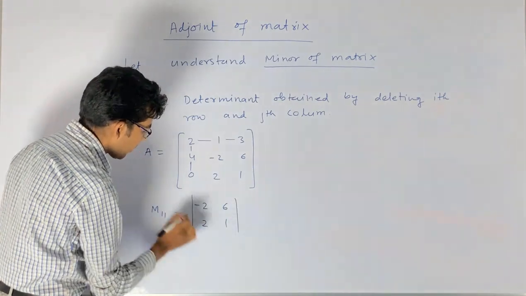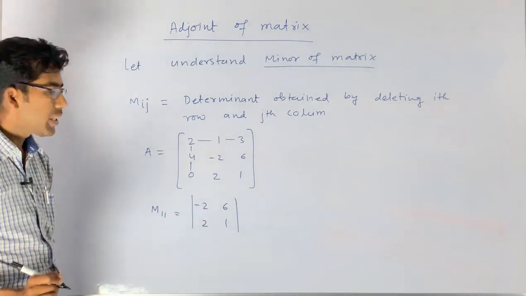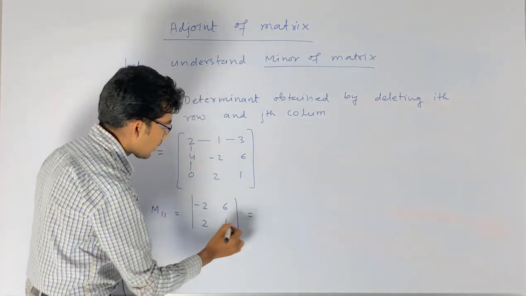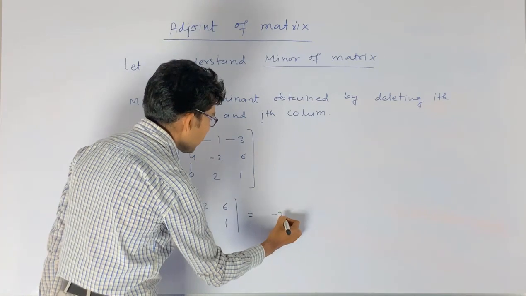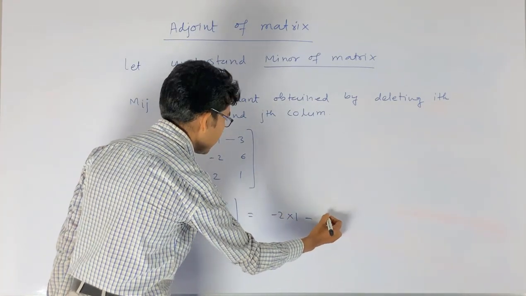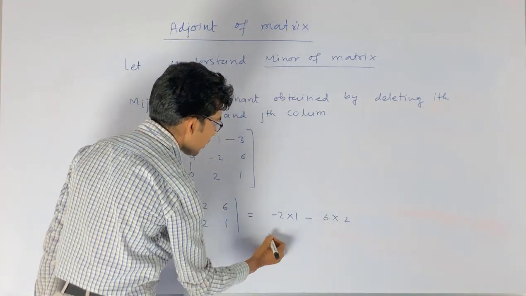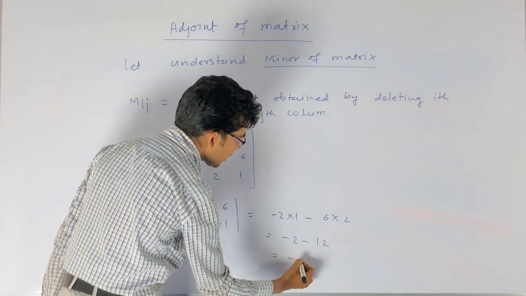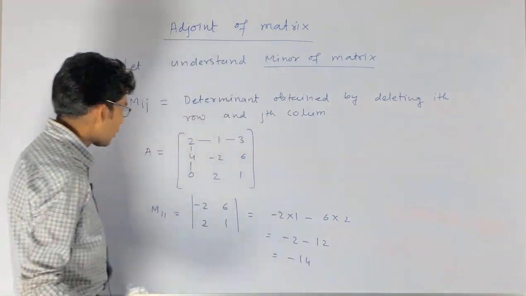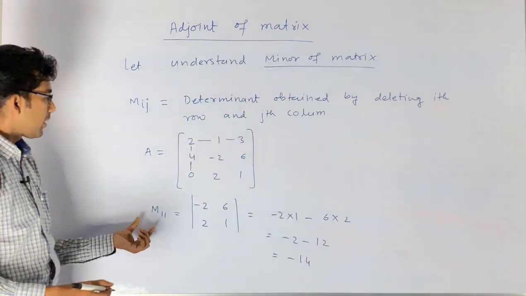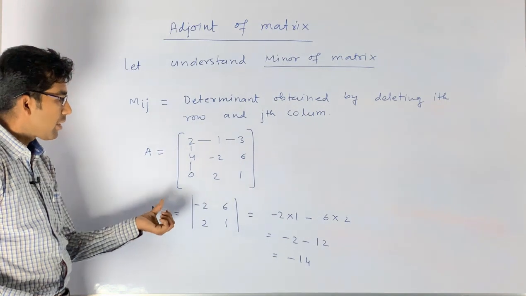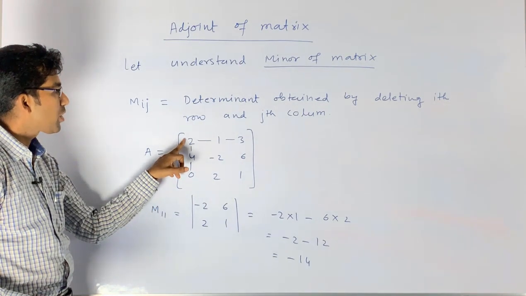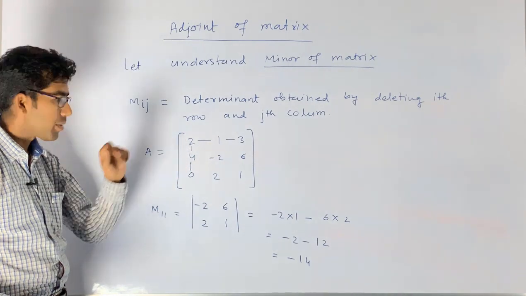So this determinant is called the minor of that element 2, and we can calculate this. As we know, -2 into 1 minus 6 into 2, so this is equal to -2 minus 12, so this is equal to -14. So we can define the minor for the element in the position of first row and first column.